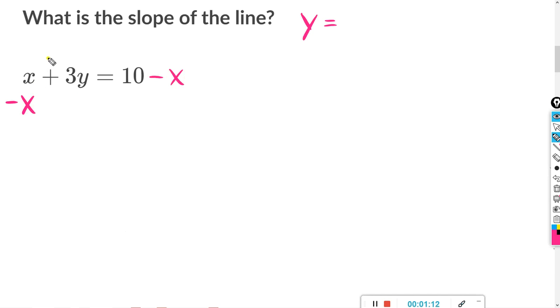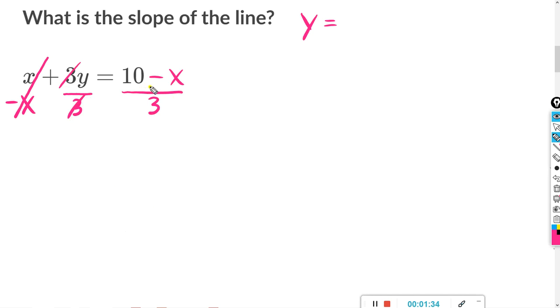X minus x cancels. Okay, and here I have 3 times y, or y times 3. The opposite of times 3 is divided by 3. So again, I'm going to do the same thing to both sides. And over here, 3 divided by 3 cancels.